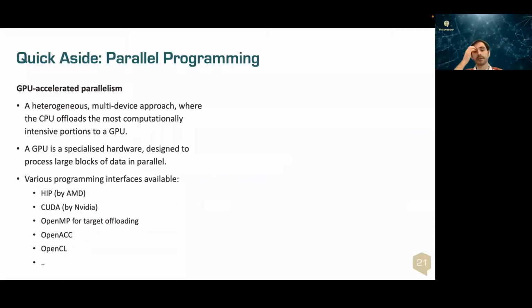The third and last programming model I'm talking about right now is GPU-accelerated parallelism. This is a heterogeneous, that is multi-device, approach, where the program will still be started on a CPU, a central processing unit, which is what we have right now on the phase 1 nodes of Setonix.